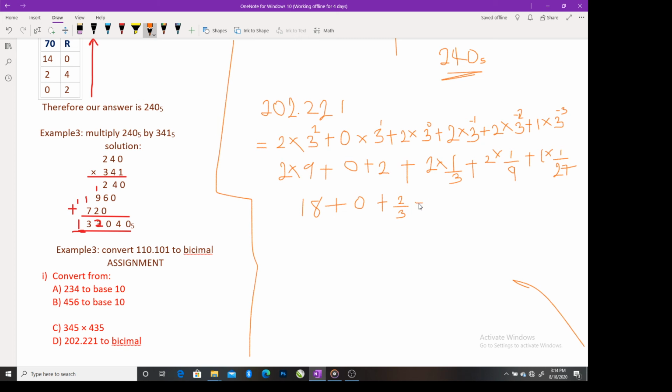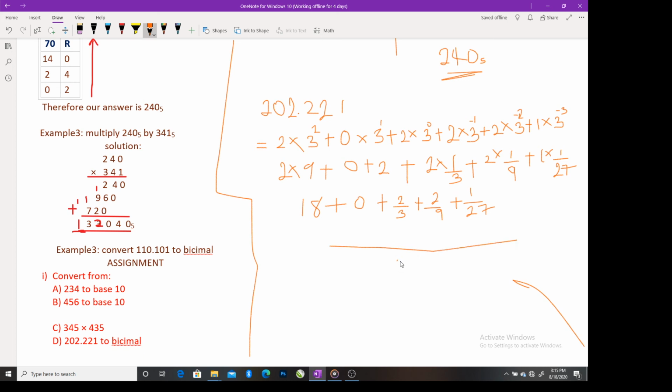Then you have plus 2 over 9, and plus 1 over 27. What do you do next? Here, you can just find the LCM of everything.